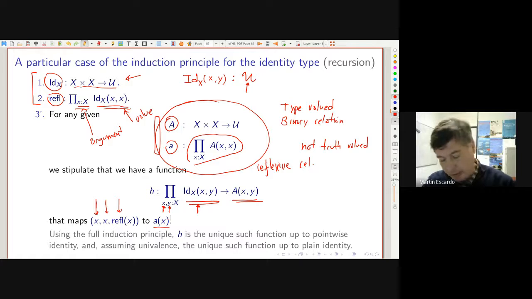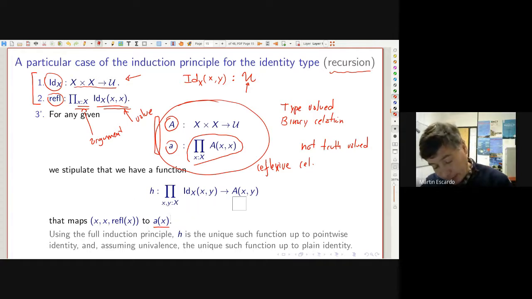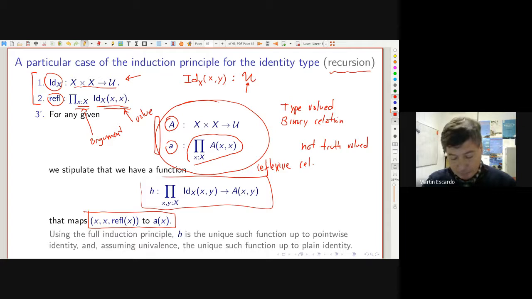So this sometimes is called the recursion principle, although there is no circularity here. It's just that there's a pattern of definitions in Martin-Löf type theory which are called recursion and induction principles. You can actually prove later that H is the unique function with this property, but I'm not going to try to show this.